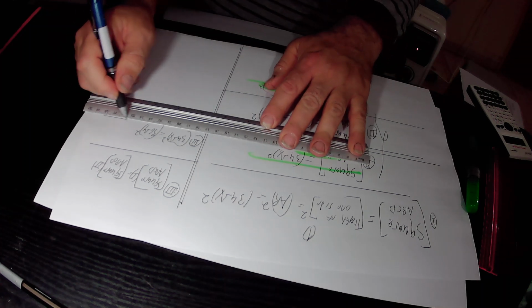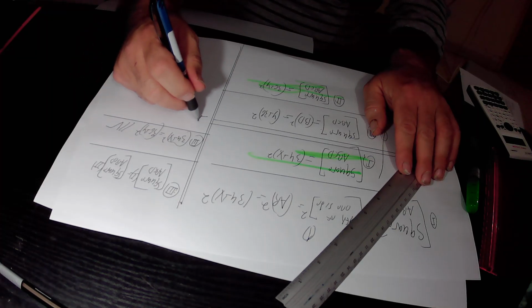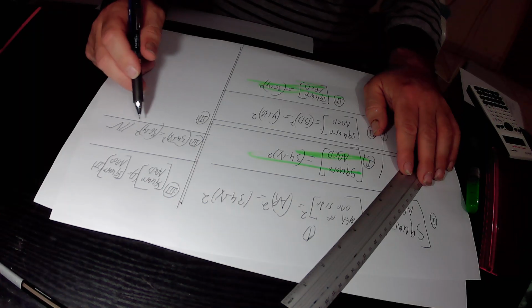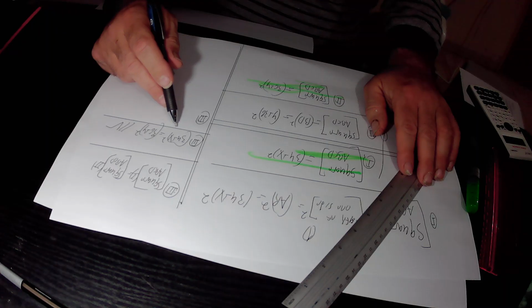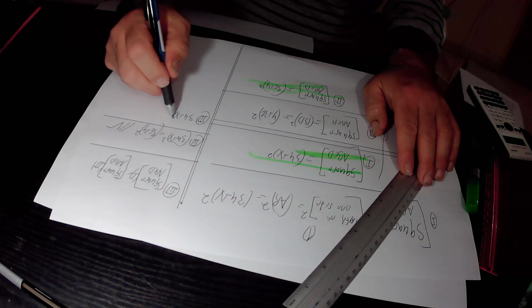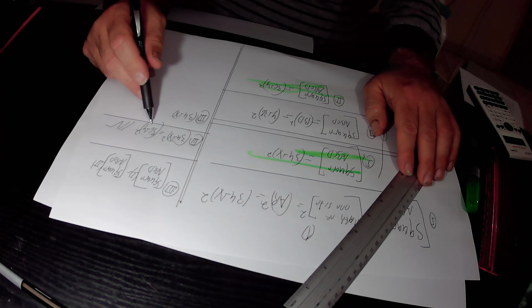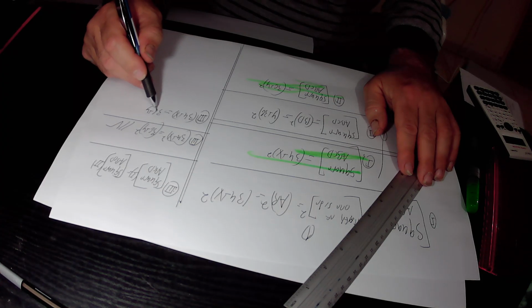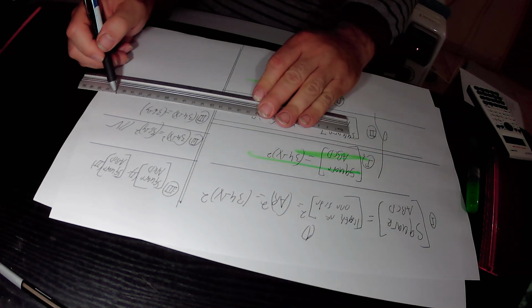Here we take a root of equation 3, the root cancels the square, and we are left with only 34 plus x. Likewise, on the other side we are left with 36 plus y. So in total, 34 plus x equals 36 plus y.